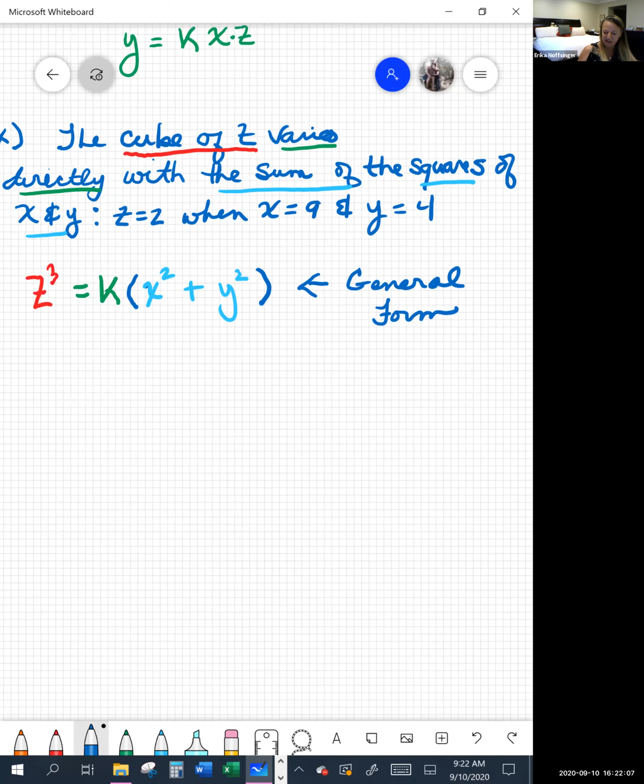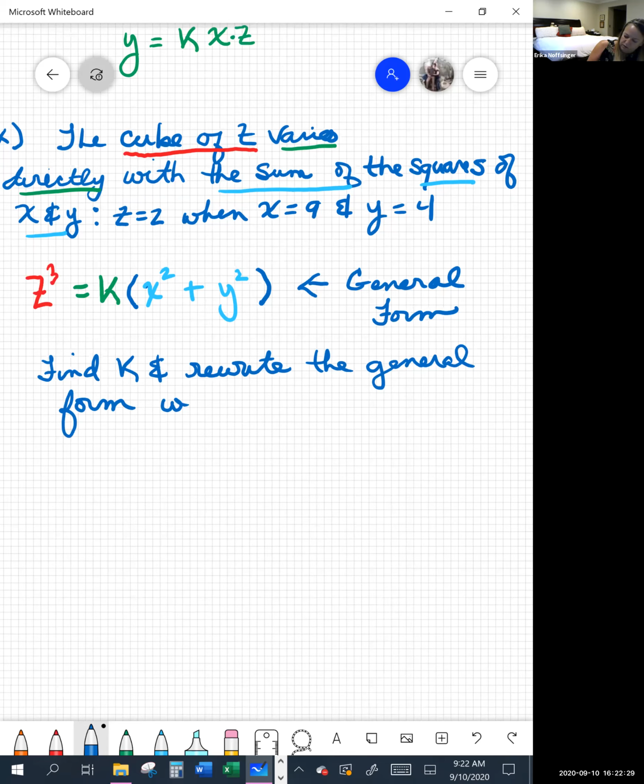So now what we need to do is figure out what K is. So let's find K, and rewrite the general form with the constant K. Okay, so if we go back and plug in values, they gave us what Z is.